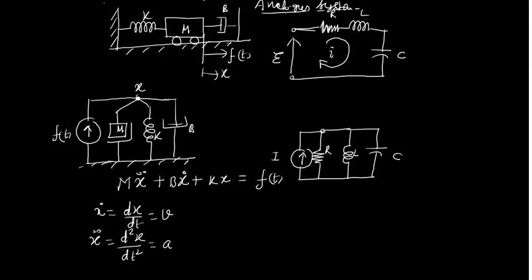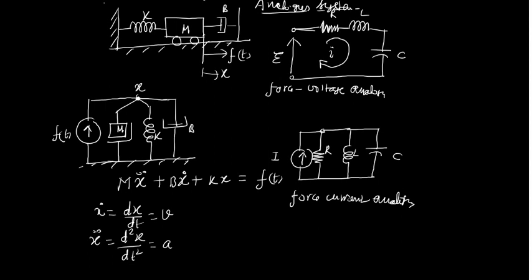This is called force-voltage analogy, and this is called force-current analogy. Okay, force-current analogy. These are the two ways you can represent your system. Is this clear to you? Okay.